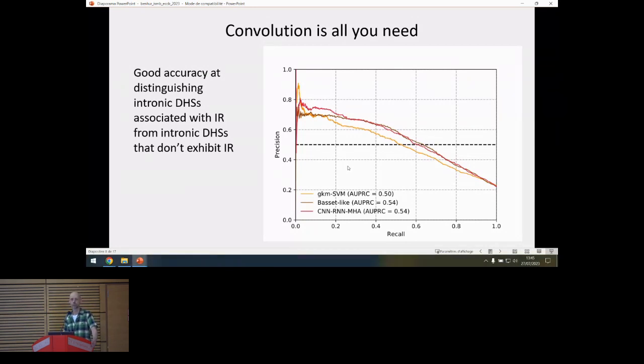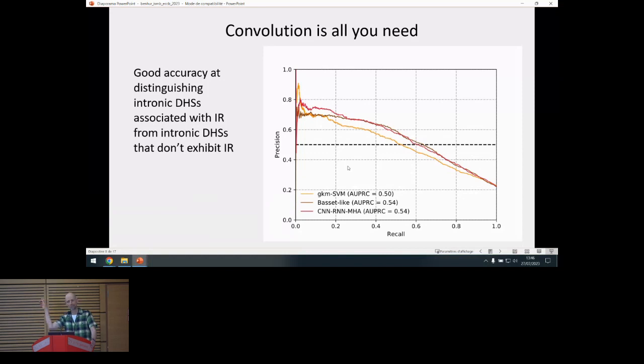What was also quite interesting to us is that when we used a pre-trained Bassett model, it didn't improve performance. This is trained from scratch on this problem, which, from a deep learning perspective, is maybe a pretty small data set.